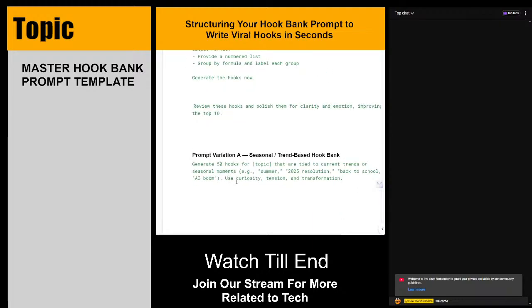Here is prompt variation one. It's for a seasonal and trend based hook bank, where we say generate 50 hooks for the topic that are tied to the current trends or seasonal moments. Use curiosity, tension, and transformation.